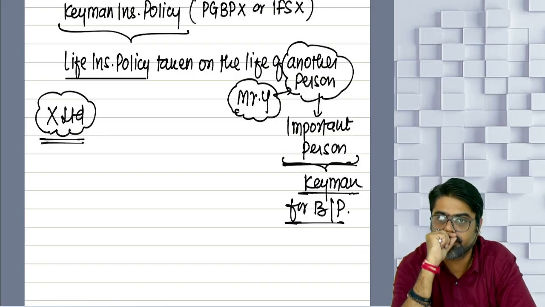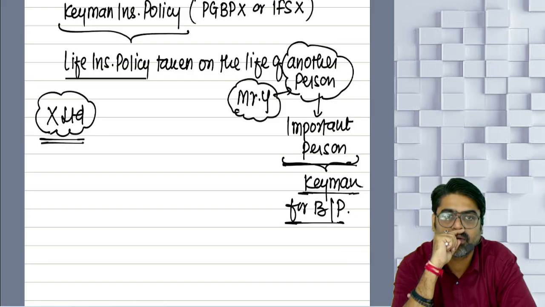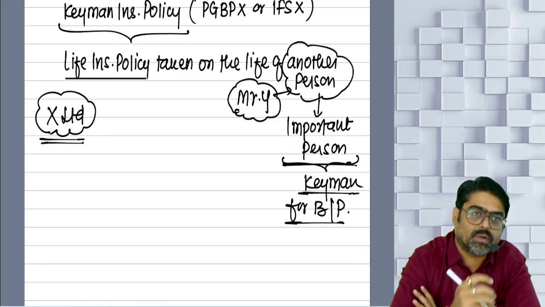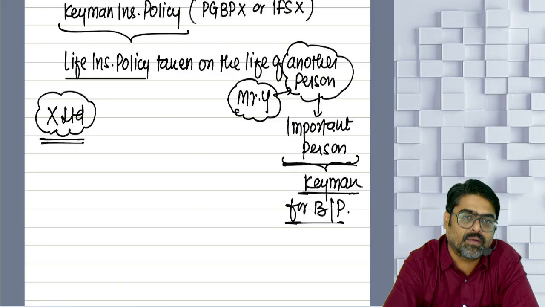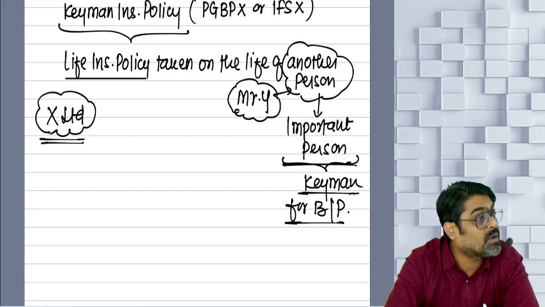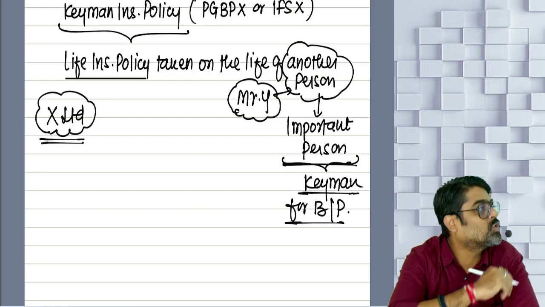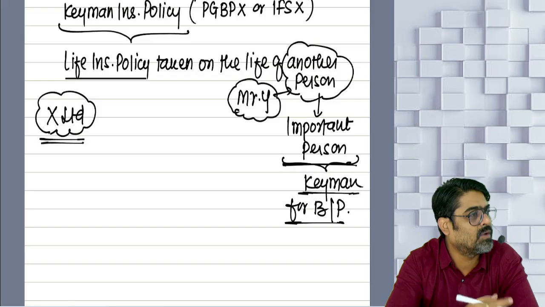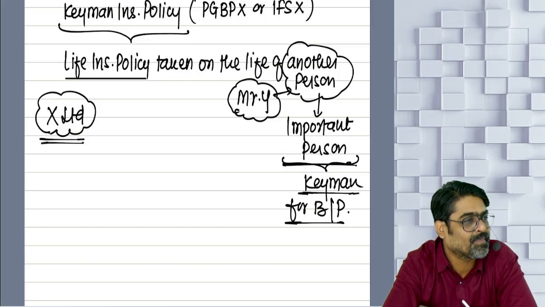Getting my point? So the amount which X Limited will receive from the insurance company, from this Keyman insurance policy, will be PGBP income, because the amount is received in the course of business or profession.